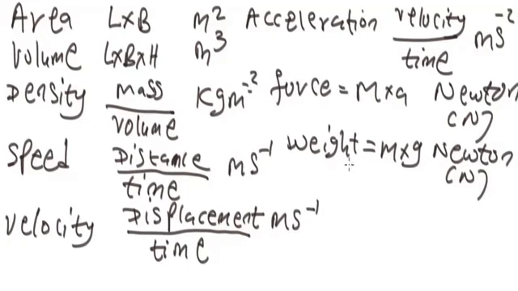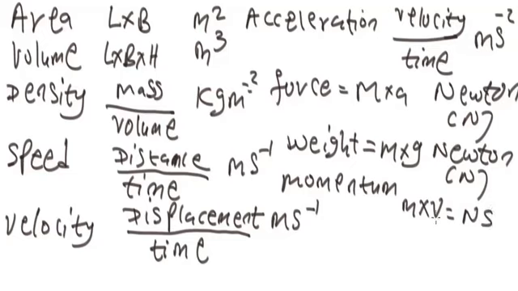Alright, so let's look at another example of a derived quantity. Okay, we also have our momentum, which is calculated using mass times velocity. Alright, so the unit of momentum is Newton second. The unit of momentum can also be kilogram meter per second.